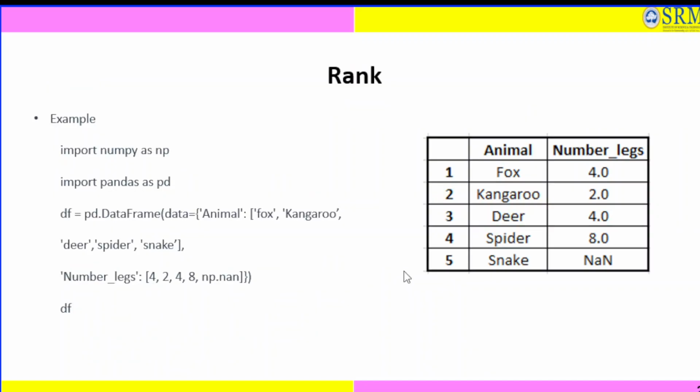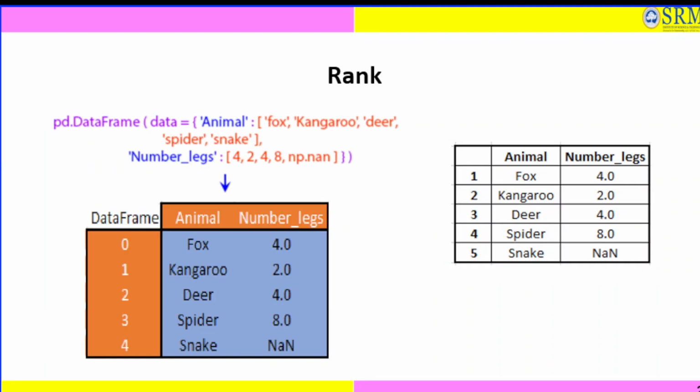So let's say we are going to create a data frame called df with a set of values: an animal column and the number of legs each animal has, like fox, kangaroo, deer, spider, snake, and the number of legs that each animal has. Now we are going to apply the rank method to this data frame.